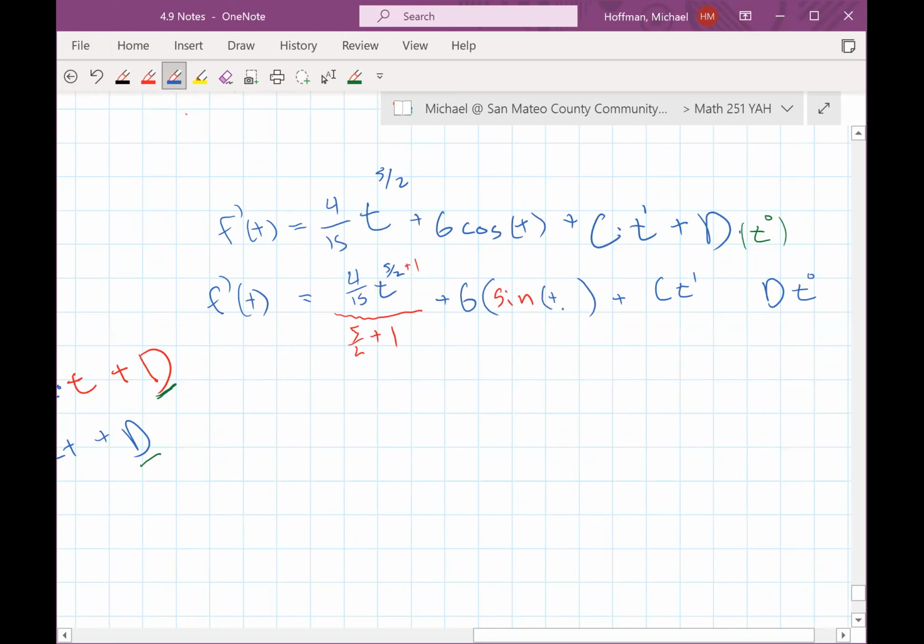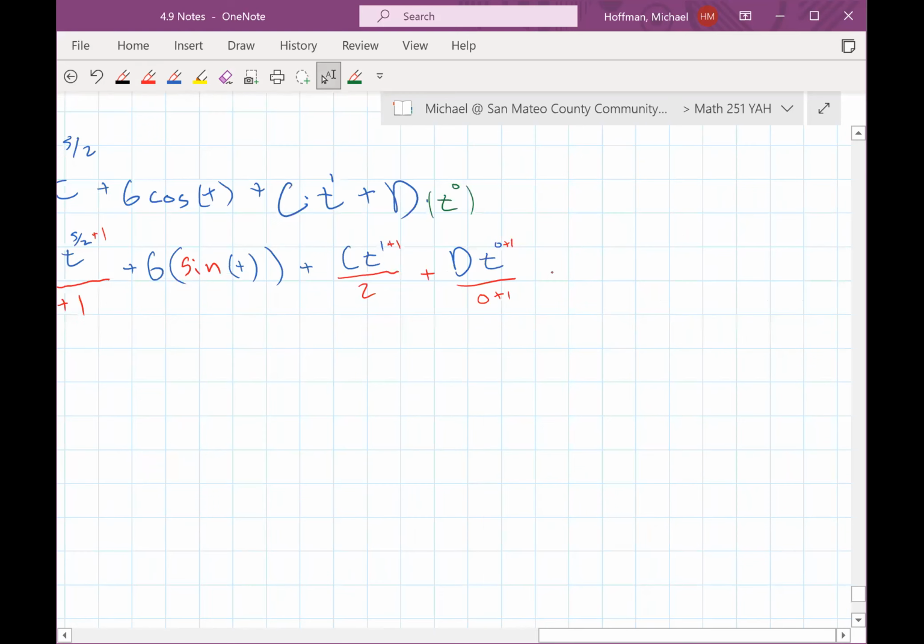So that's just sine of t. Here, inverse power rule again: I add 1, I divide by 1 plus 1, that's 2. I add 1 and divide by 0 plus 1, and that's just 1. And then there's one other thing I need to add, which is plus another constant, e.